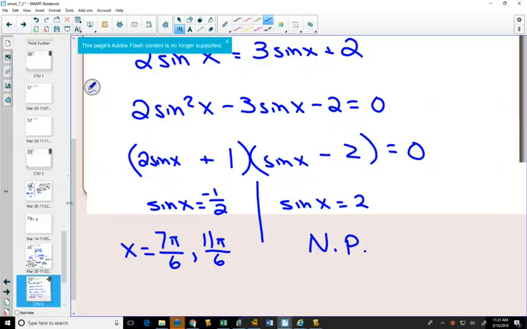Because you first of all have to become experts in things that you did in grade 10 and 11. And you have to be able to recognize when those appear inside of a question. And then you also had to be able to do your unit circle really well to recognize the values, to be able to answer that. And it all started with just changing the equation with an identity so you had one trig function in the question.